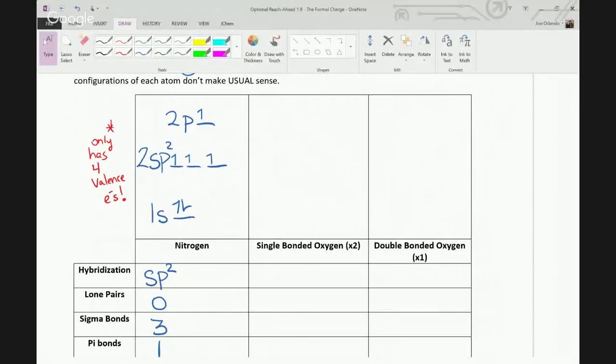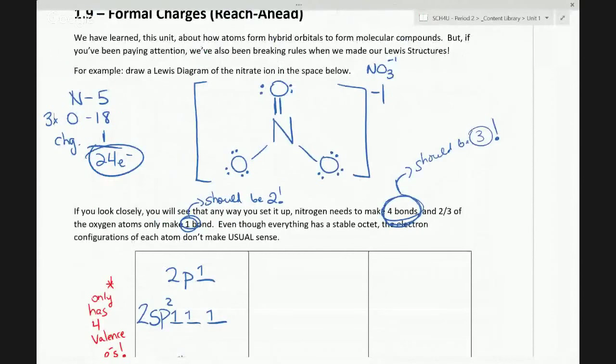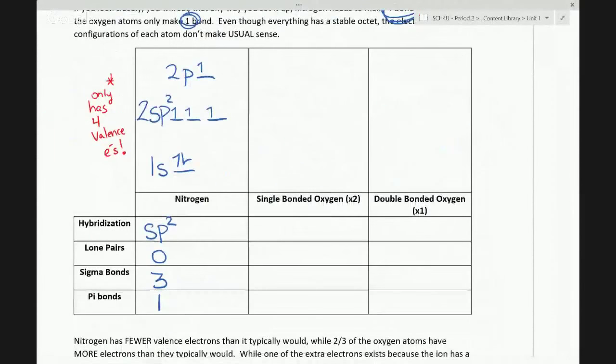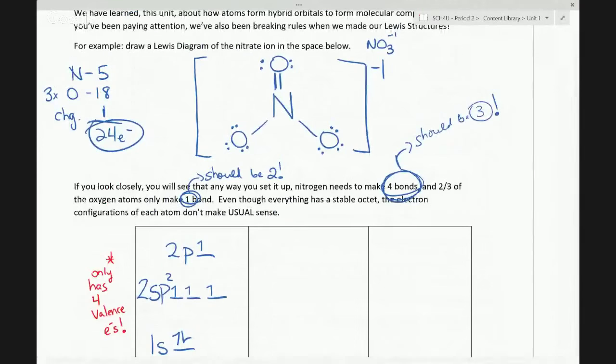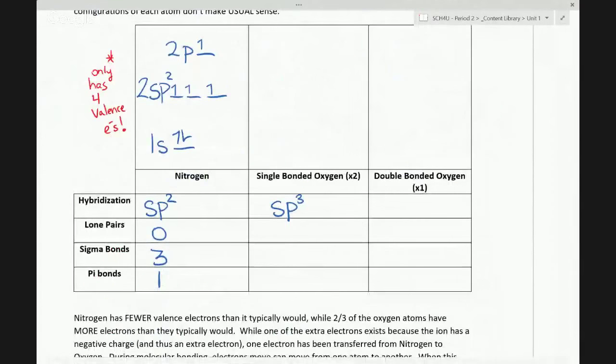Likewise, if we look at these single bonded oxygens, we have 2 of them. Those are sp3 hybrids because they're not making any pi bonds. So they're sp3 hybrids, and they each have 3 lone pairs of electrons. They're making 1 sigma bond, and they have no pi bonds.